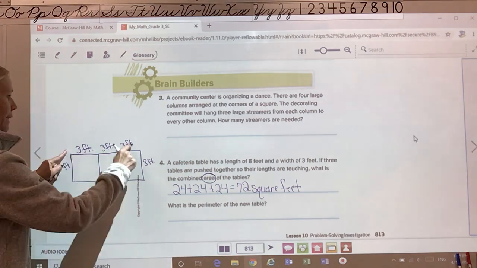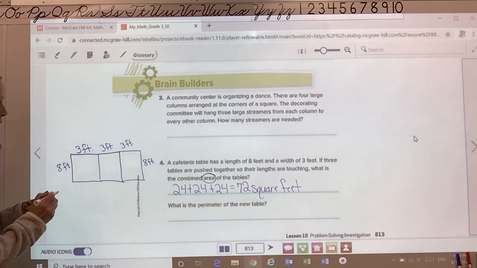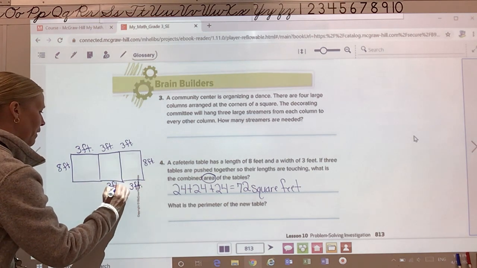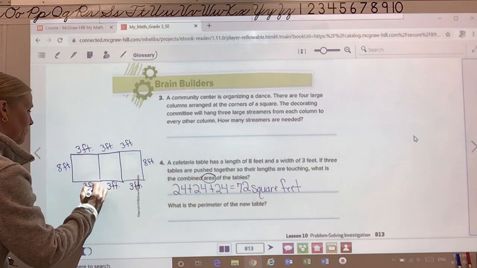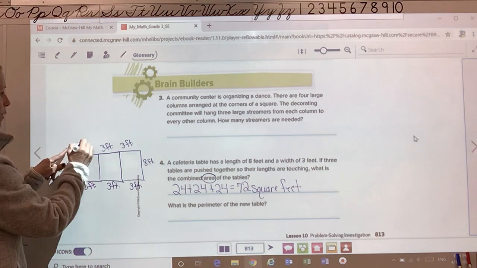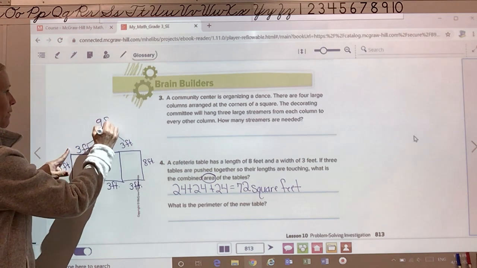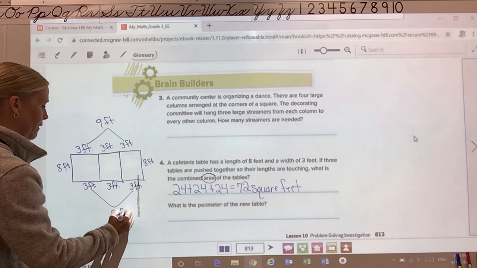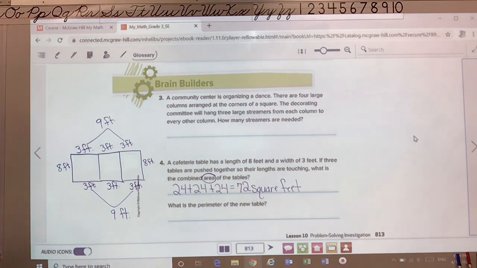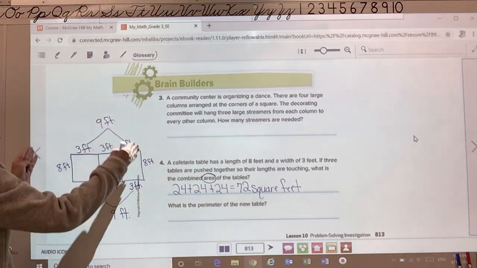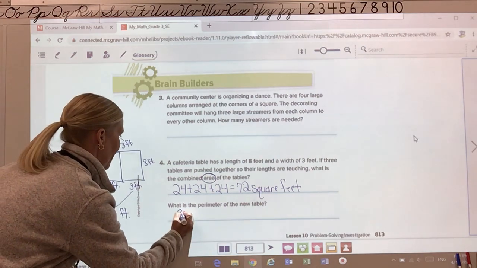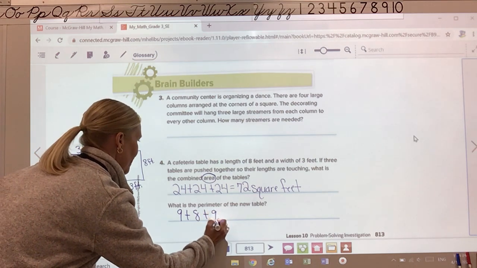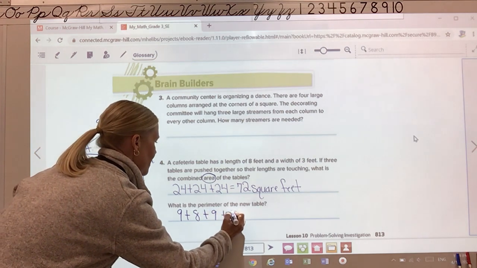So looking at the outside, we know that this is also 3, 3, 3. So what I'm going to do is I know that 3 3s are a total of 9 feet, total of 9 feet. So now all I have to do is add it up, which would be 9 plus 8 plus 9 plus 8.